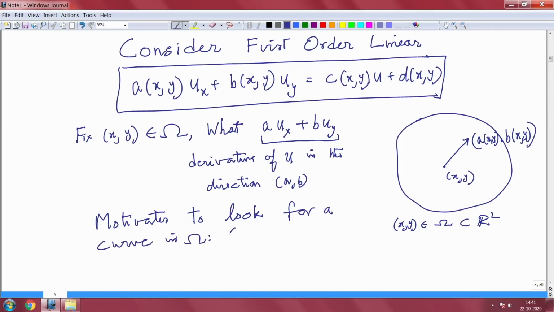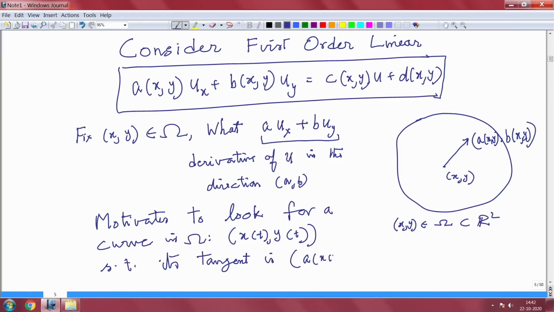The curve will look like (x(t), y(t)), where t is a parameter, such that its tangent is (a(x(t),y(t)), b(x(t),y(t))) evaluated at each point.